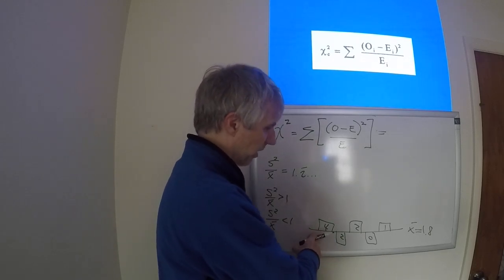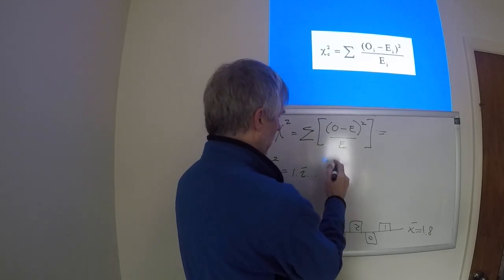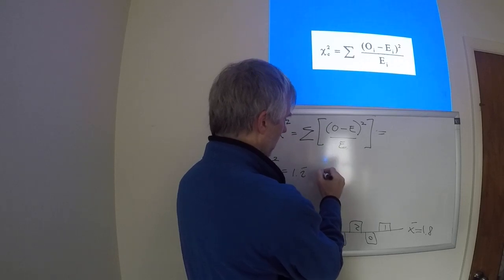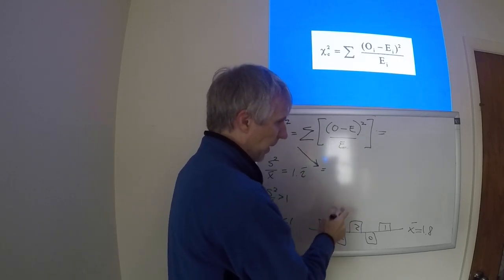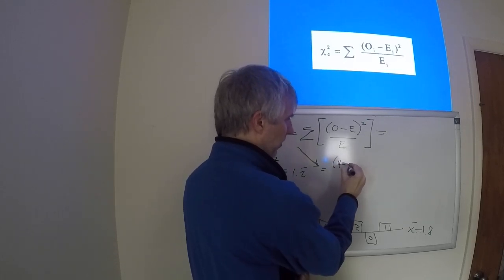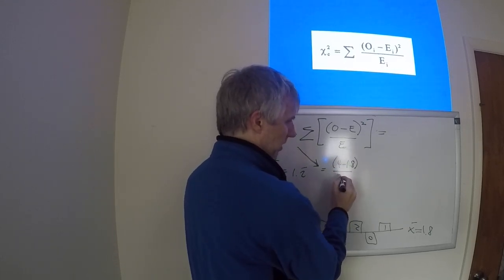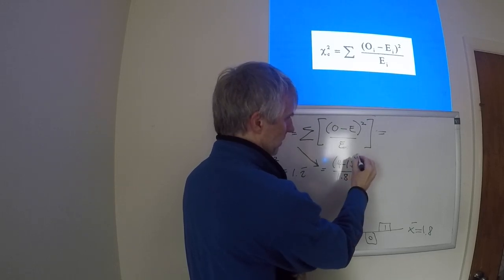All right, so we start with the first quadrat. The observed minus expected would be 4 minus 1.8, squared, over 1.8, right?